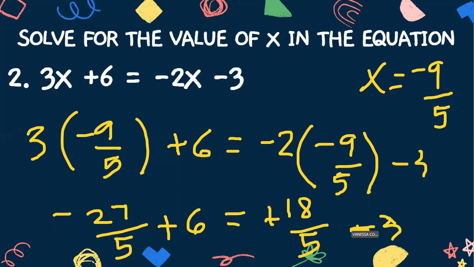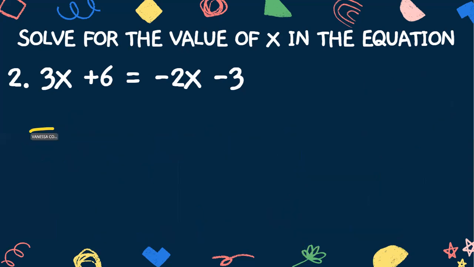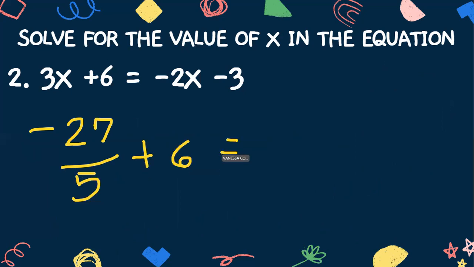Okay? And then, check po, add po natin. Negative 27 over 5 plus 6. Dapat parehas po sila ni positive 18 over 5 minus 3. So, next, ano po tayo? Negative 27 over 5 plus 6 is equals to positive 18 over 5 minus 3.